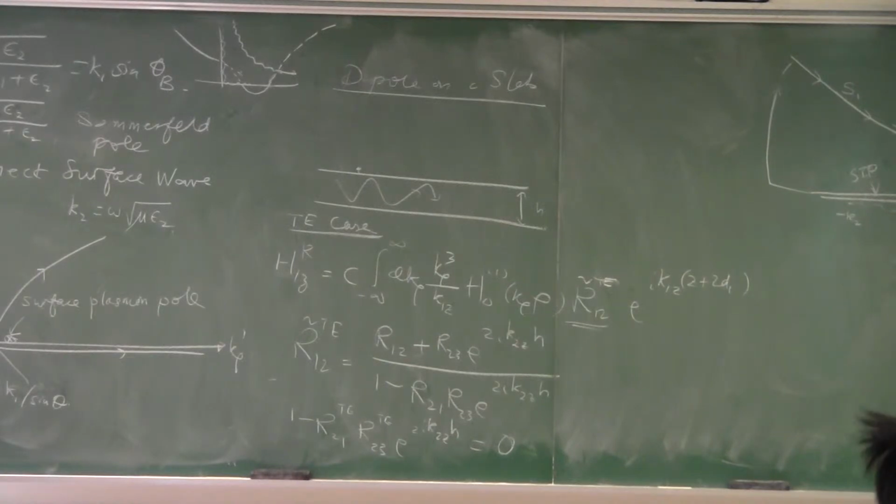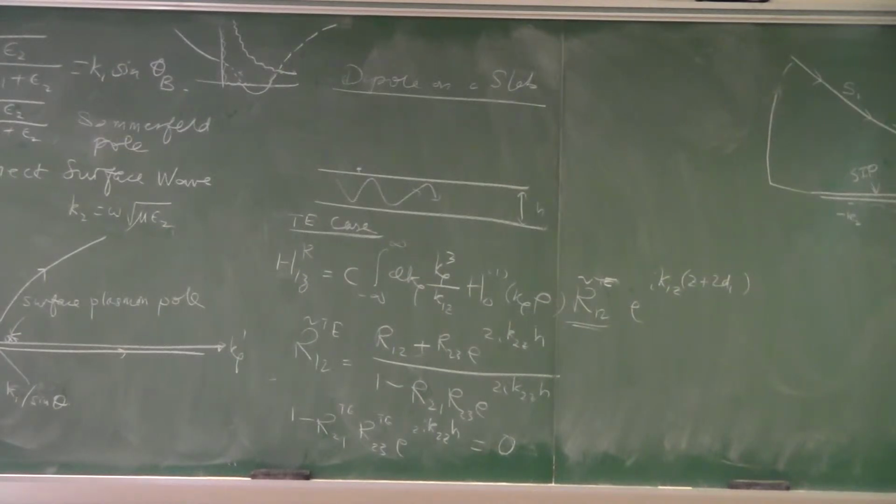And as I asked you before, what is the physical meaning when the reflection coefficient is infinite? Yes, like a resonance. You hit the resonance, you hit the guidance condition. It means that there is a reflected wave even when there's no incident wave.